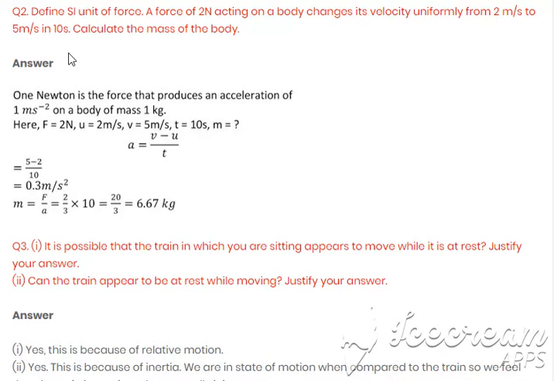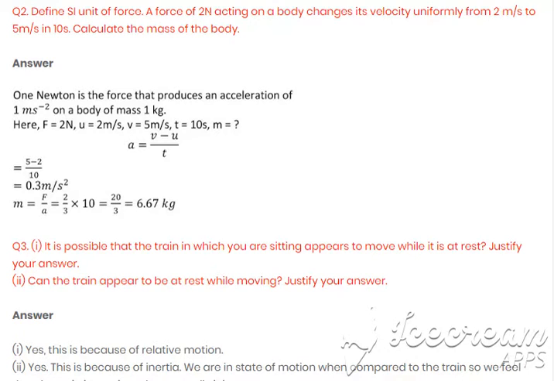What is the formula of force? Force is equal to ma. So 1 Newton would be equal to 1 kg into 1 meter per second square. That is acceleration. So 1 Newton is the force that produces an acceleration of 1 meter per second square on a body of mass 1 kg. So this is how you can define 1 Newton.